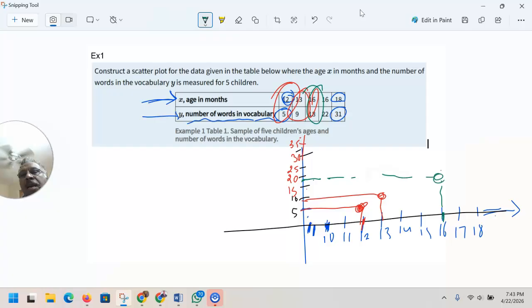So that dot will be right here. Then 16 is also 22, so 22 will be somewhere here. That's another point. And 18 is 31. If this is 30, 31 is just a little above.